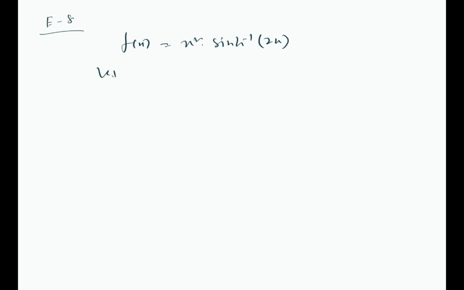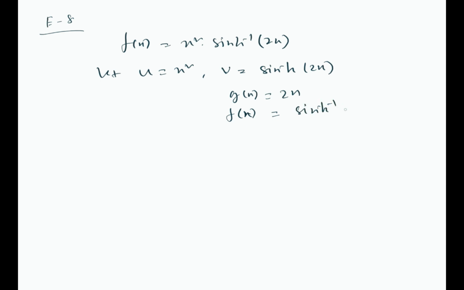Let u be x squared, and v be inverse hyperbolic sine of 2x, right? So in this case our inner function is 2x, and our outer function, which is the original function, is inverse hyperbolic sine of 2x, right?